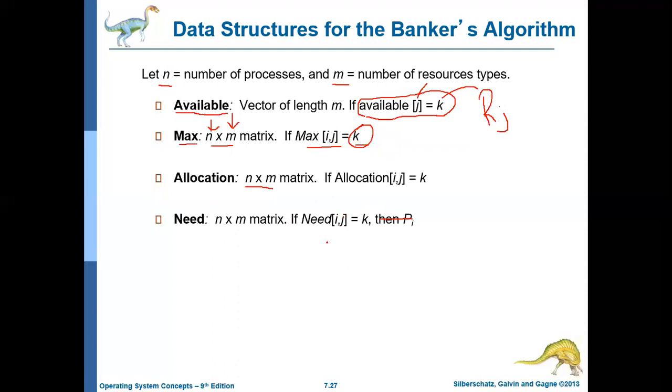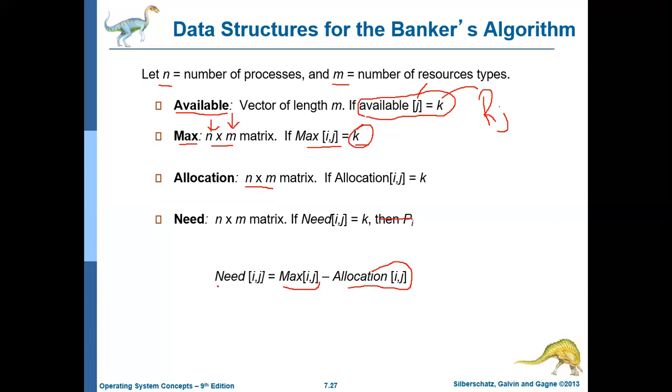And one more thing, need of i comma j will always be equal to max of i comma j minus allocation of i comma j. Because max is the maximum number of instances of resource type j that the ith process needs, and allocation of i comma j is how many instances of resource j the process i is currently allocated.